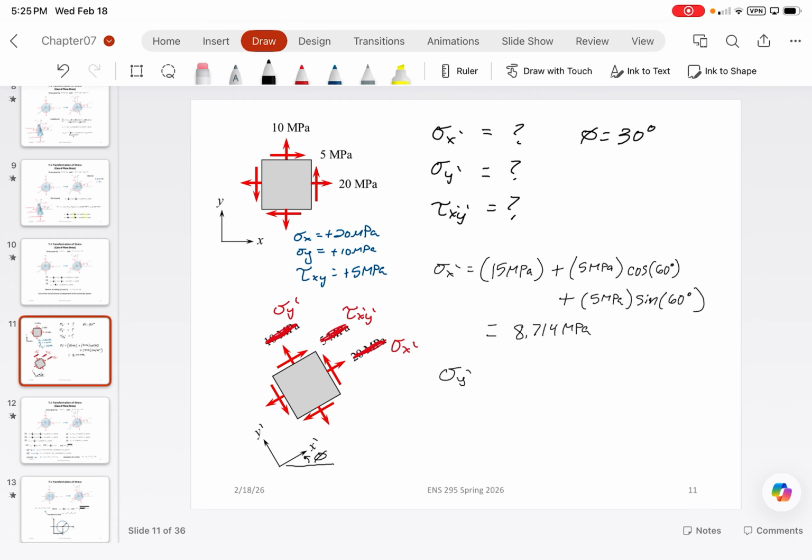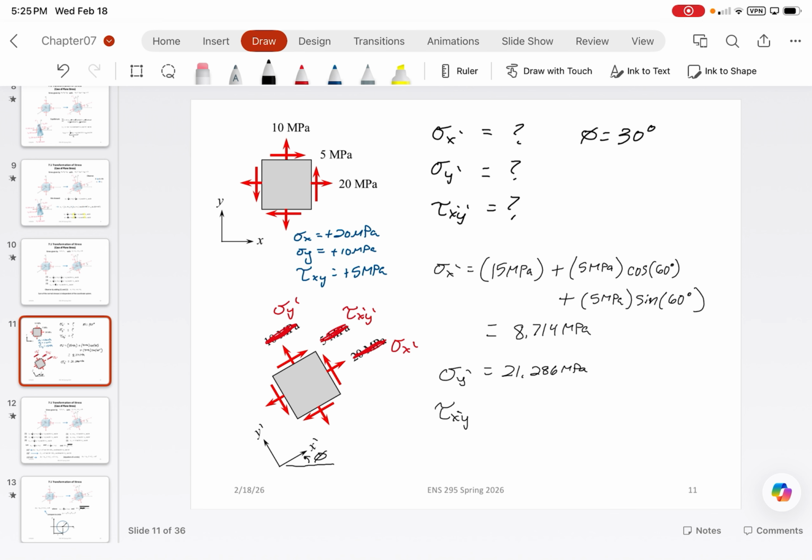For sigma y prime, it's the exact same equation, just instead it's 15 minus 5 cosine 60 minus 5 sine of 60. So what you should have gotten for this is 21.286 megapascals. Hopefully everyone got that.